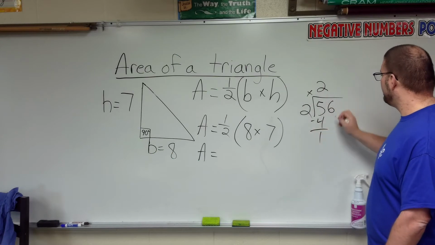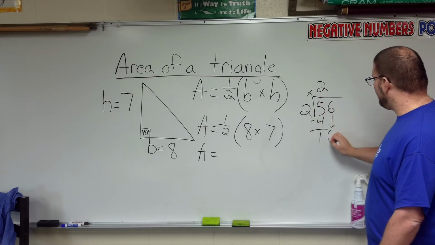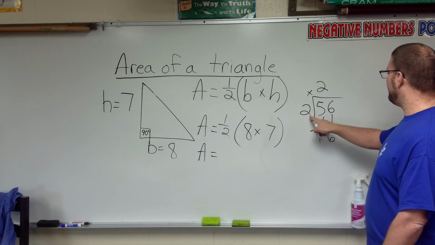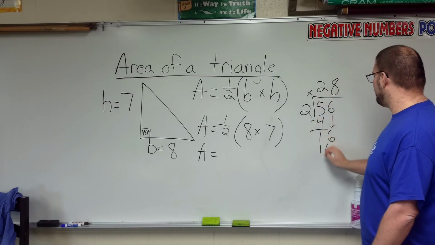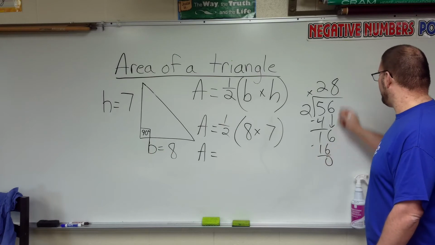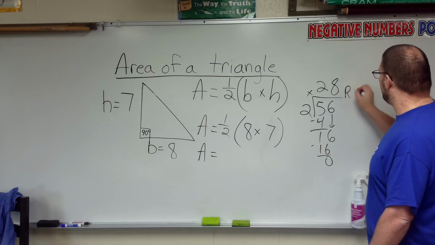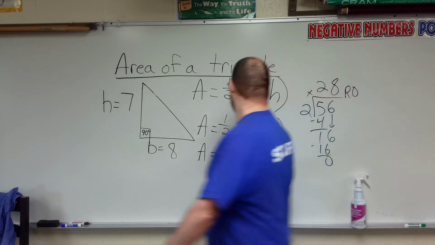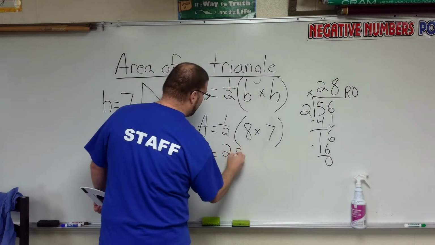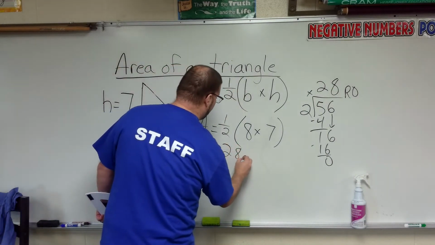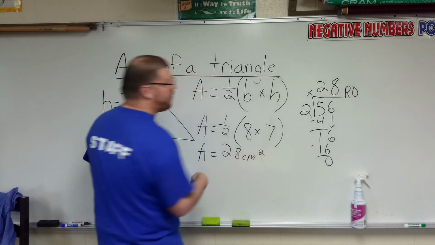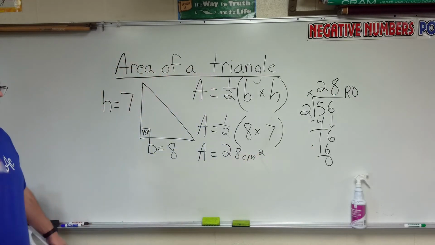Subtract, there's 1. Drop down the 6. 2 goes into 16 8 times. 8 times 2 is 16. Subtract, 0. I got nothing to do. Remainder 0. 28. So half of this is 28. And of course, I gotta remember, we're doing centimeters, and it'd be square centimeters.